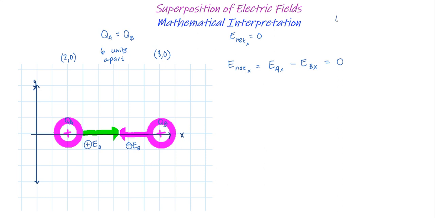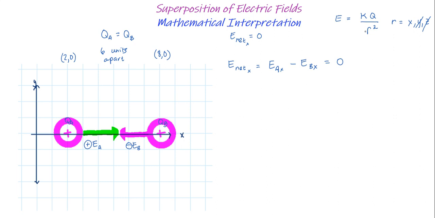Now I know that the electric field equation that we came up with before is equal to K times Q over R squared. And if you remember, R is the vector that could be radially out from our charge, but I can also make it x, y, z if I wanted to. I can get rid of y and z because we're only looking for the position along the x-axis.